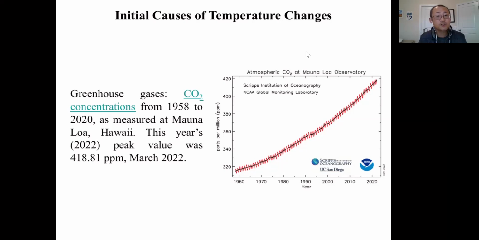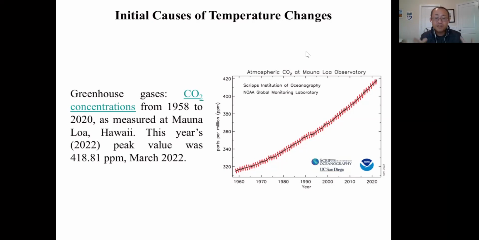And this year, 2022, it had a peak value of 418.81 ppm in March 2022. Okay, this is the highest level of carbon dioxide. So the carbon dioxide concentration is increasing.